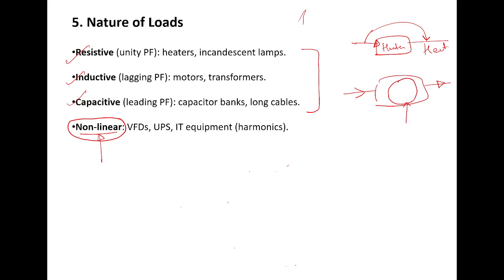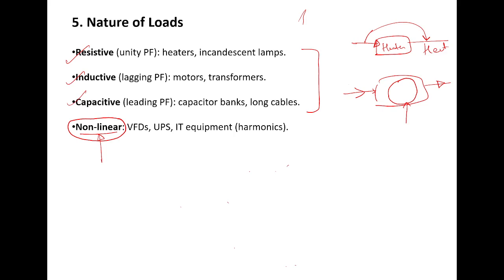Are you able to understand? The total energy which you are supplying, some of it will be stored in this motor to create magnetic flux, because without magnetic flux your motor will not be able to rotate. To rotate that motor you need this magnetic flux, and this magnetic flux will store some energy.